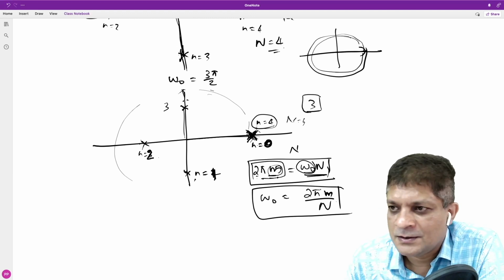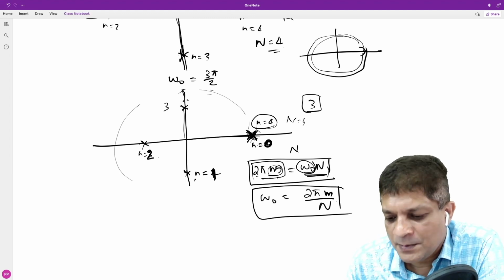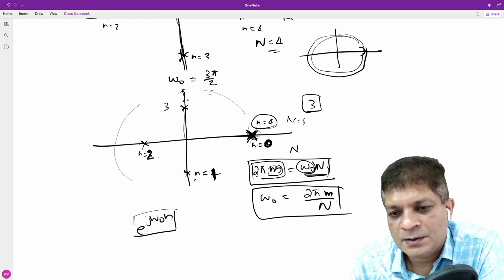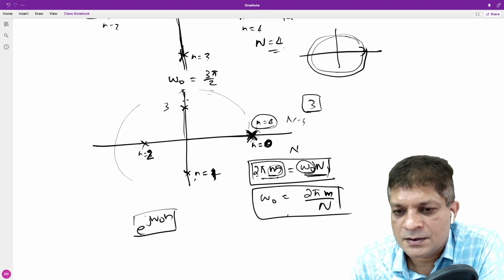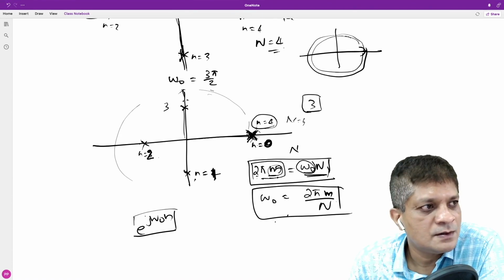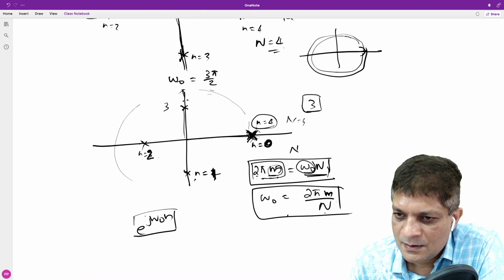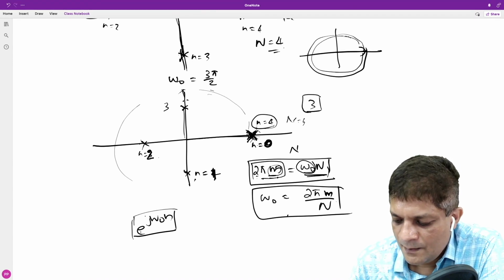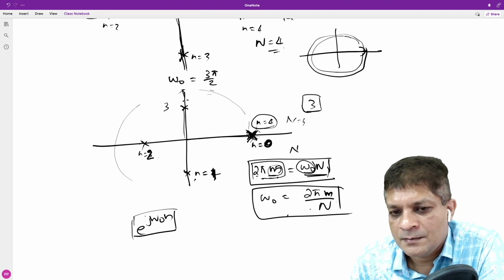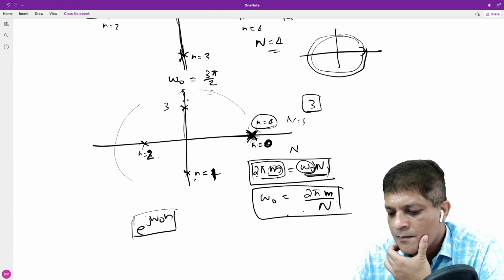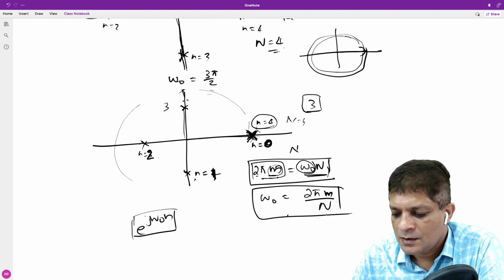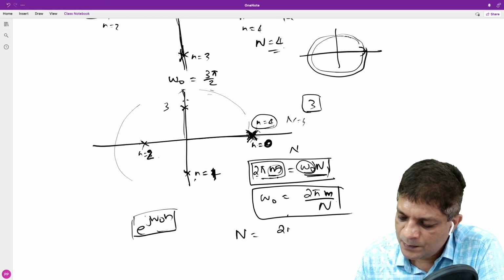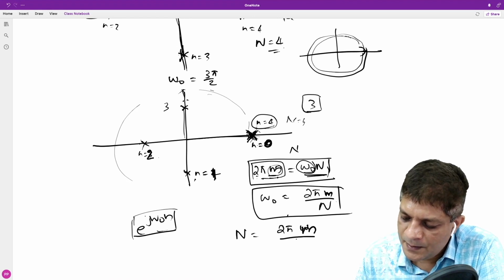So is it the condition for that signal to be periodic, if e to the power j omega naught n is periodic, then this condition must be satisfied, isn't it? And what is the fundamental period? In this case, it is 4. So can we say that if it is e to the power j omega naught n, then it is 2 pi m by omega naught.